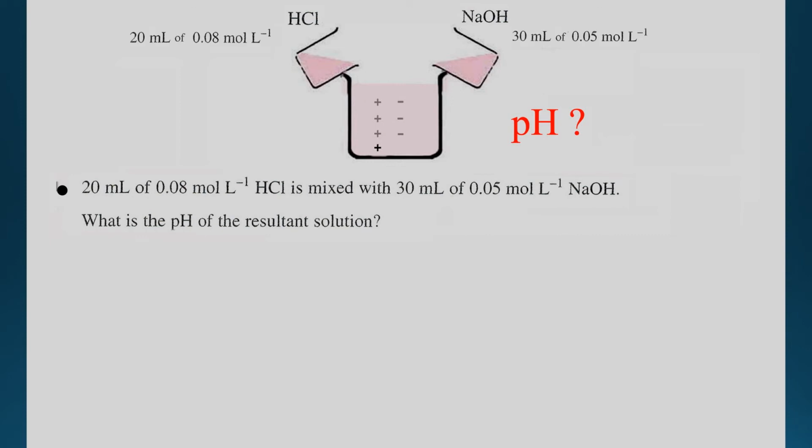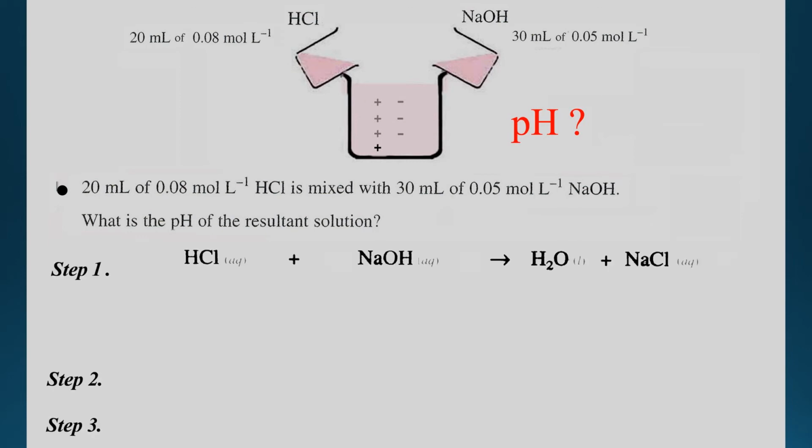First, you have that much HCl, that much NaOH. You neutralize, but there is some excess H+. 3 steps. Step 1, equation. Step 2, here, so you know how many mole. That means you put how many mole of HCl in.